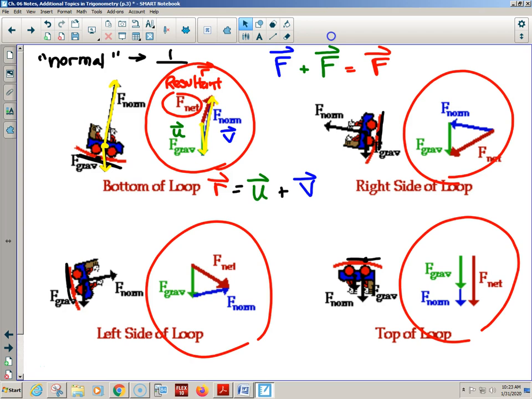We won't even go there. Is to add them, and to add them, we have to get them out of the picture and put them head to tail, like the head of a comet, the head of the vector, to the tail, the back end, of the next one. And we can then say, from the beginning to the end of the overall is what we can call the net force.